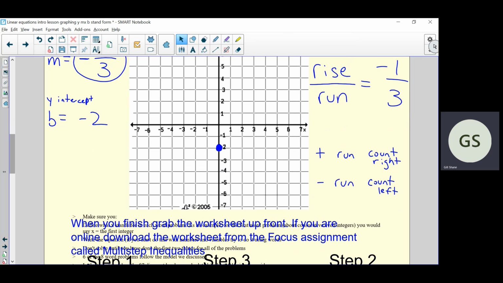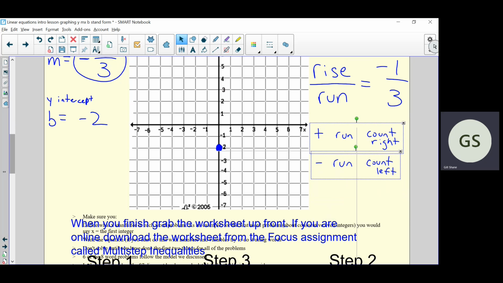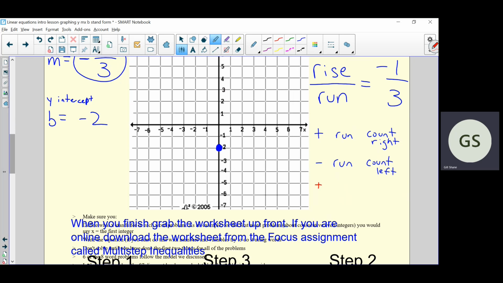The part I'm doing right now is pretty much step 4 and step 5. If I have a positive rise, I count up, and if I have a negative rise, I count down.